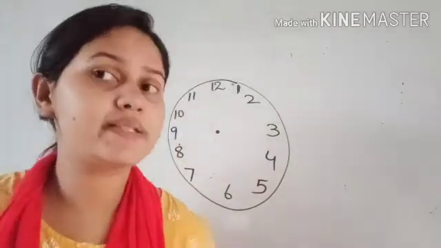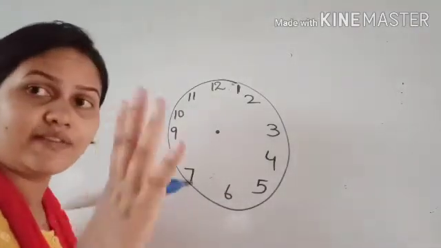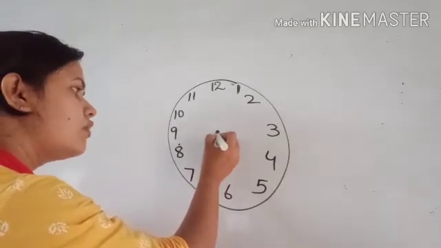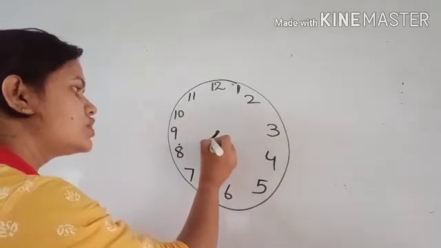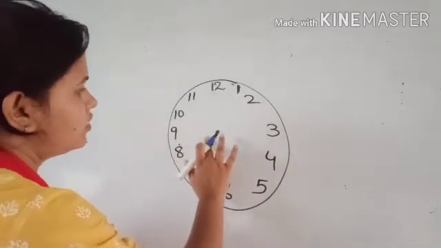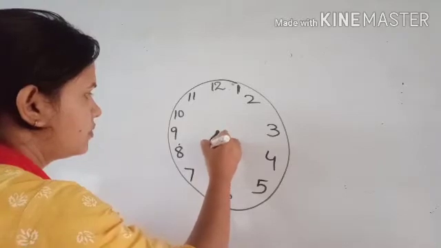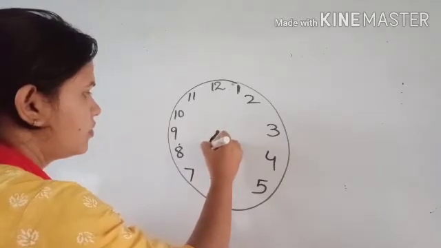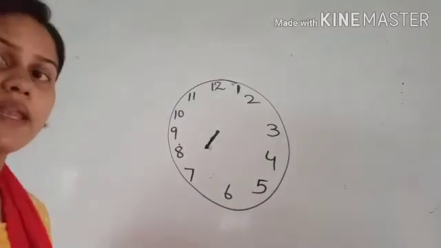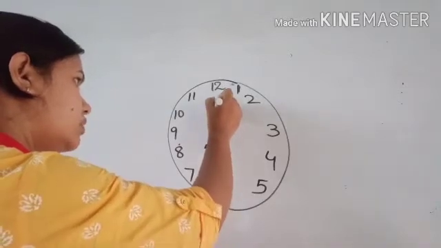Now when your school bus comes at 7 a.m., where is 7? We will show it with the small hand. This one is your small hand. Hope this is correct. Okay, here I have shown 7 o'clock. Now the big hand goes here.